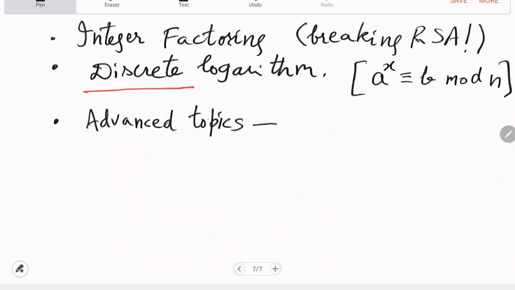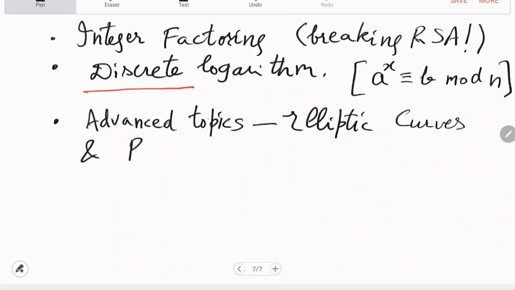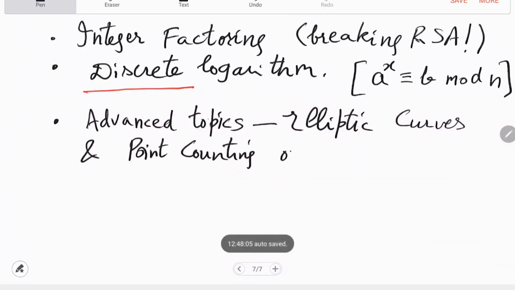So some nice advanced topics are to do with elliptic curves and point counting over finite fields.